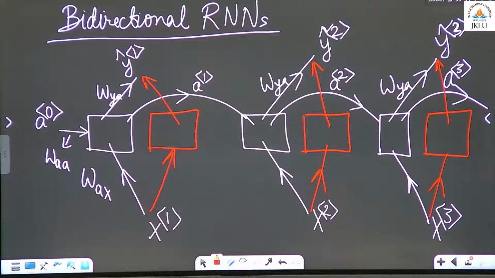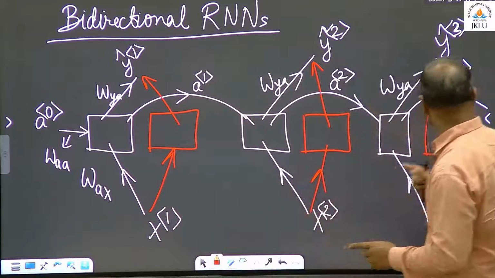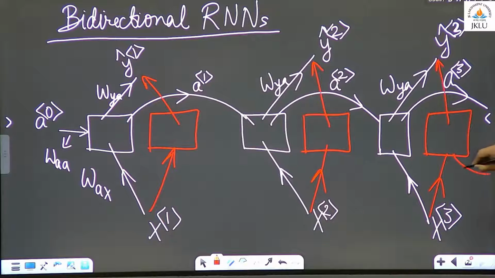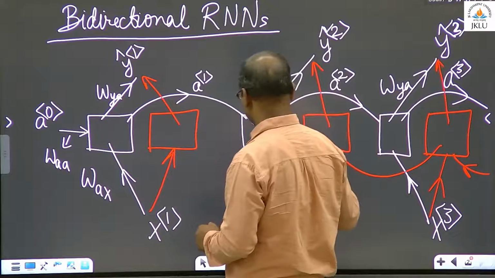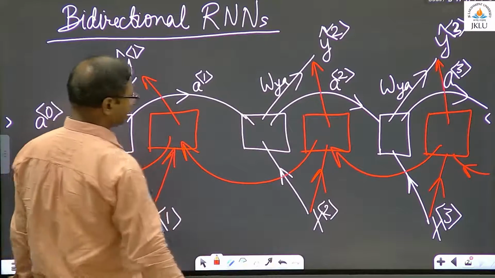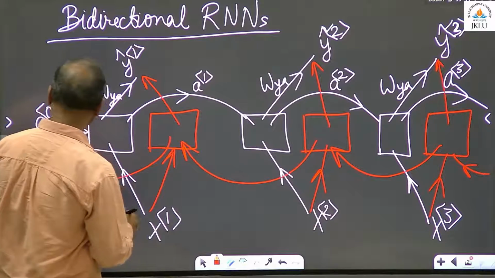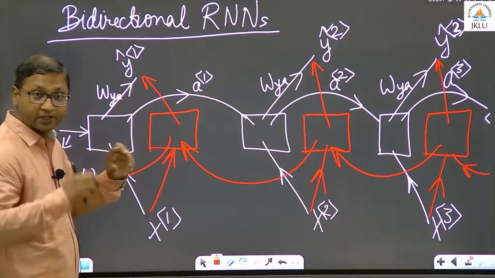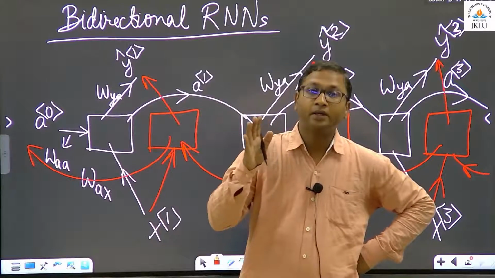Okay. Now you also need an exact same RNN in backward direction. So this guy must be receiving from the later one, and so on. Is it complete? Seems so. Okay. Now these are parameters for the forward direction.